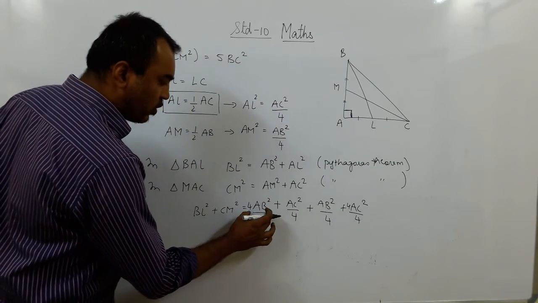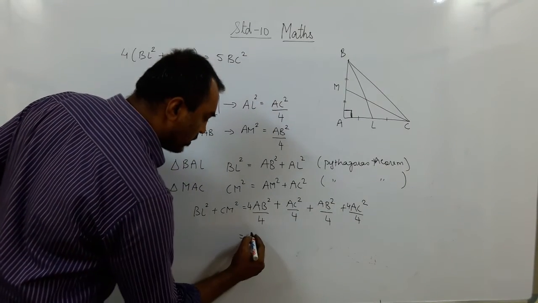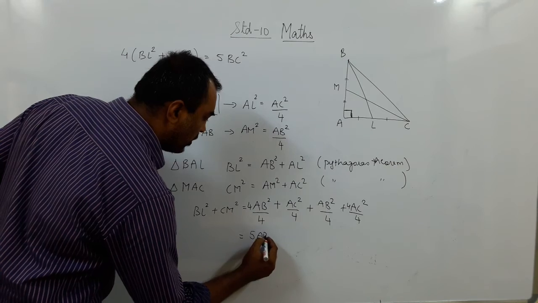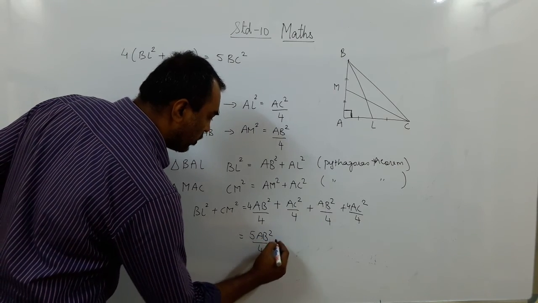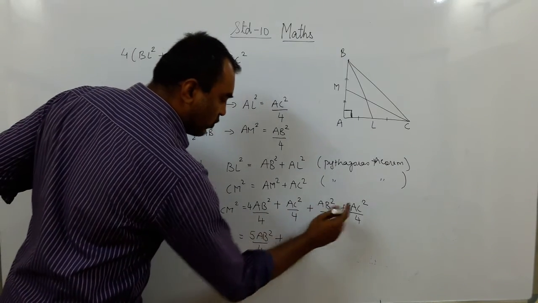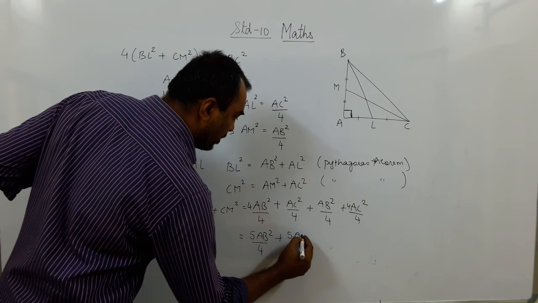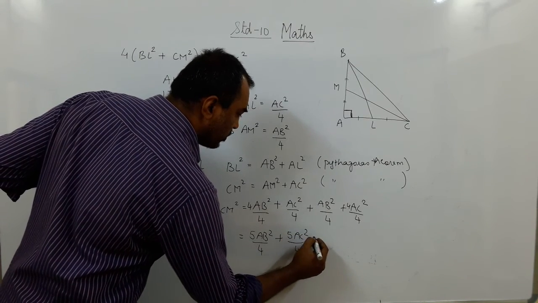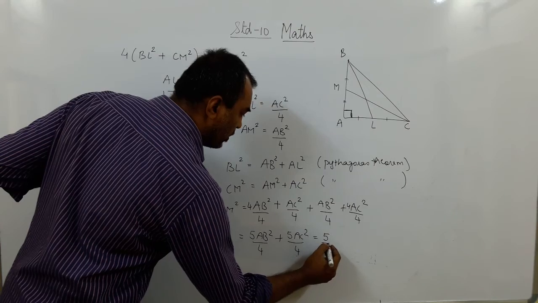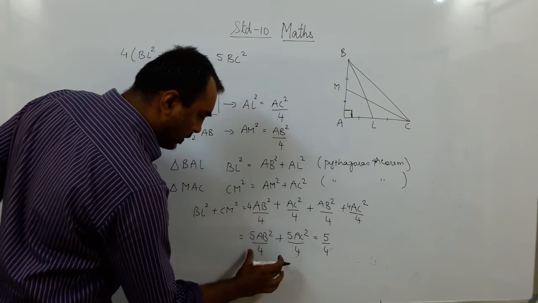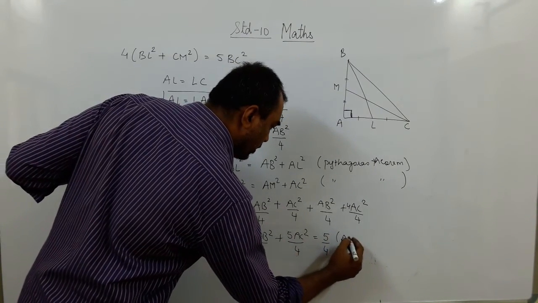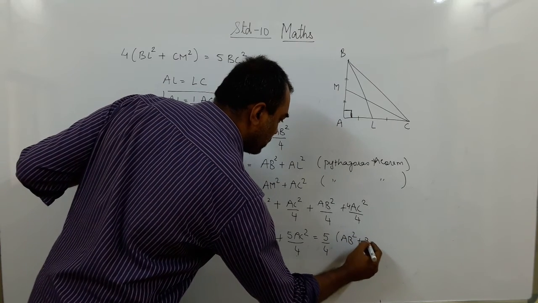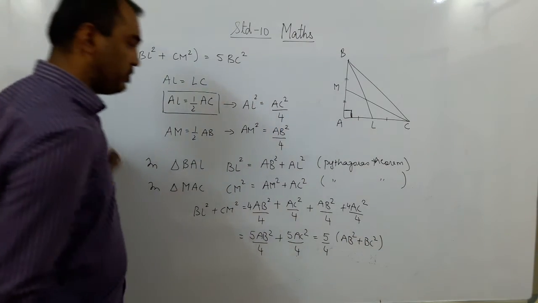So what is 4AB square plus AB square? I get 5AB square upon 4. And AC square plus 4AC square is 5AC square upon 4. So I write 5 upon 4, I take them common and I get AB square plus AC square.